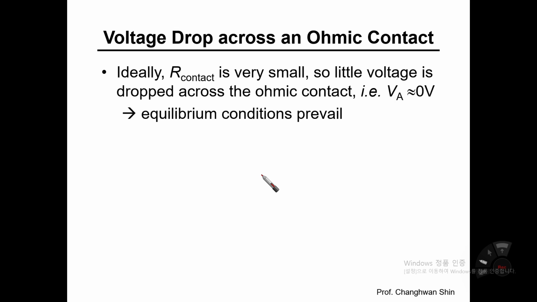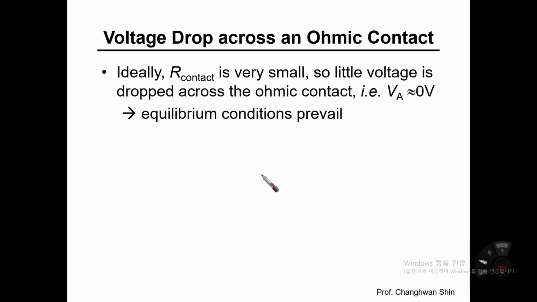Okay, so this idea can be used when you apply high voltage across the MS contact, but still the resistance value across the MS contact is super small. So whatever the voltage applied across the MS contact, we can reasonably assume that the voltage drop across the ohmic contact is almost zero.